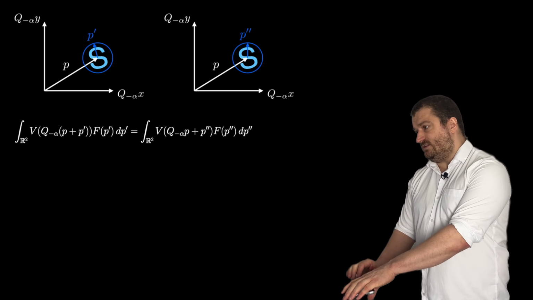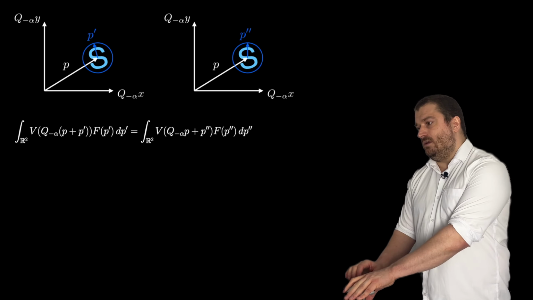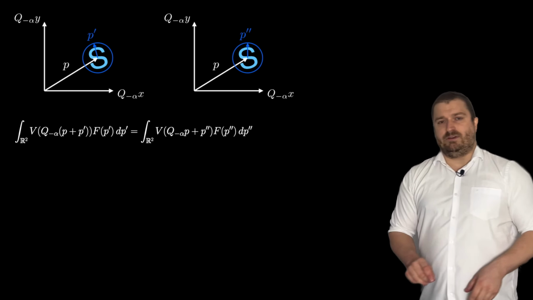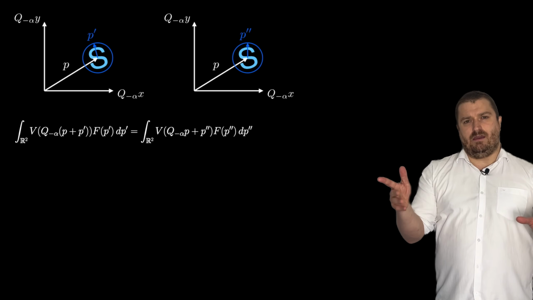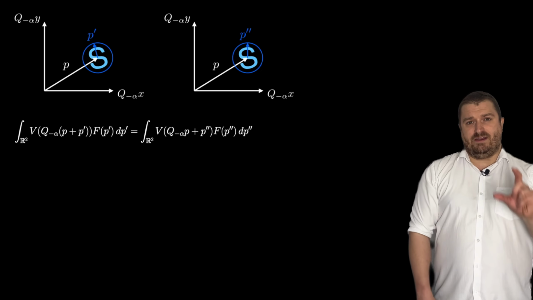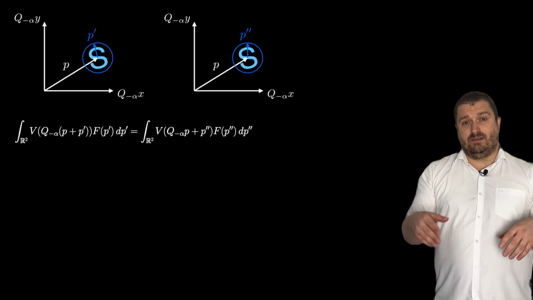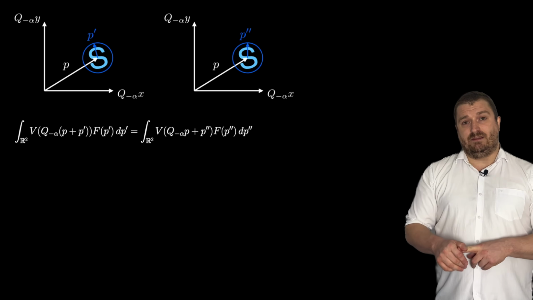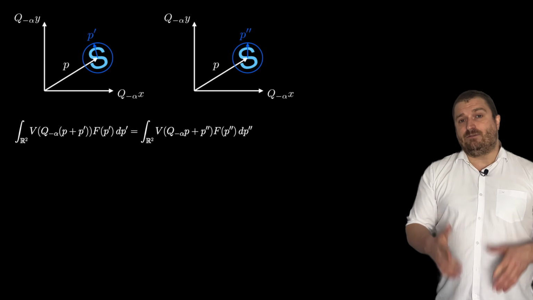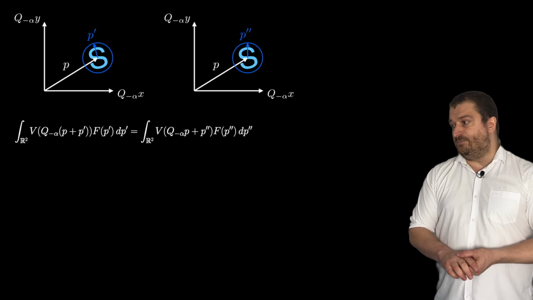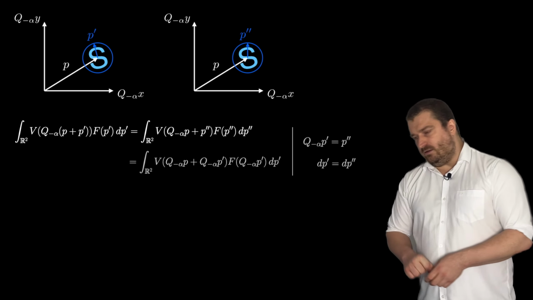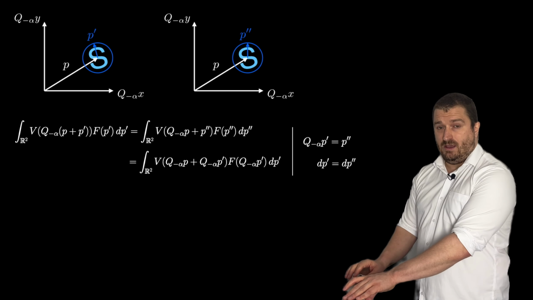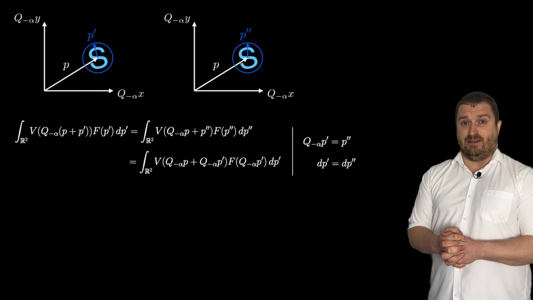So here you can see that the only real difference between the two is that the p prime vector has been rotated relative to p double prime, and that's because with one path through the equivariance condition, the one where we did the rotation in the image plane, the kernel offset vector got rotated, but with the rotation in the feature map plane, the kernel offset vector did not get rotated, and that's why there exists this relative angle between the two, and that's why you need this particular substitution in order to then simplify these integrals and work out what the condition is for rotational equivariance.